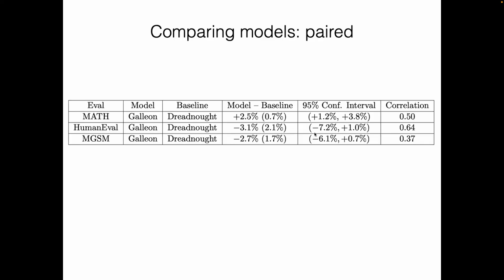In contrast, both of these actually include 0. And so at this 5% level, we can't really reject the null hypothesis that the model and the baseline are actually the same. We might have just seen the data due to statistical noise. I think it's pretty interesting because if we just looked at the table at the beginning, insights like this weren't really that obvious.